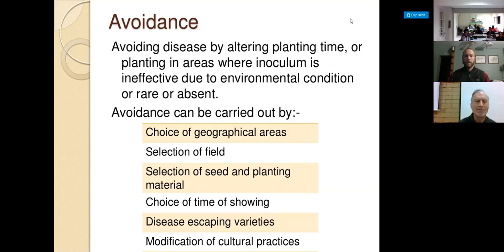If there are different parts of your farm, where one part might have more wind or be drier than another, you might grow certain crops in one of those parts to make them less susceptible to disease. If you know you have nematodes in one of your fields, or like we have nematodes in our greenhouse, then crops that are susceptible to that you can grow somewhere else.